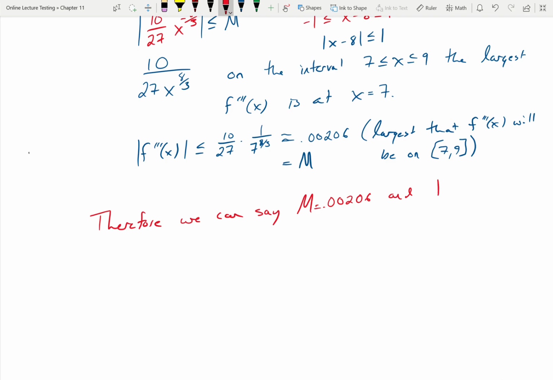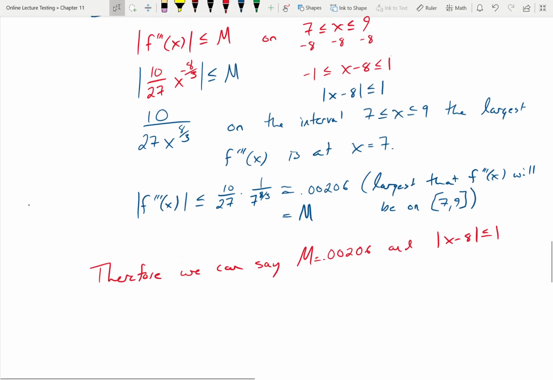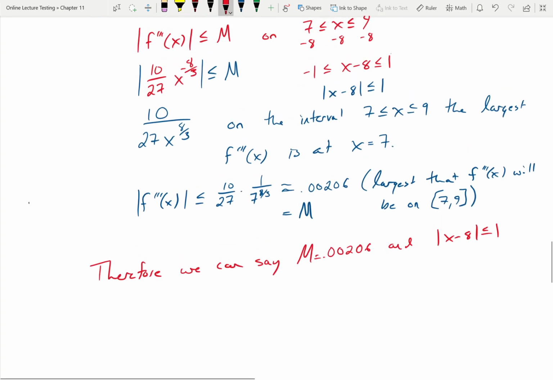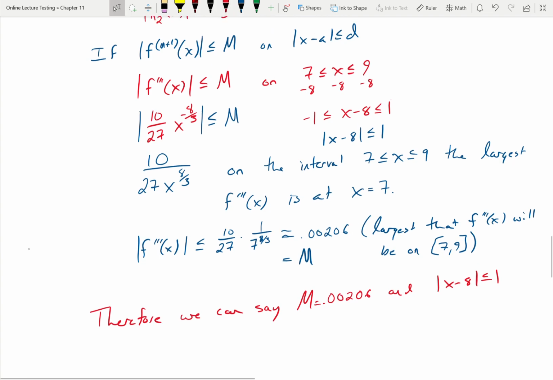and the absolute value of x minus 8, we just found out, is less than or equal to 1. Again, coming from our interval, we're trying to match this x minus a is less than or equal to d, the distance from the center. So on this interval, if I subtract by 8 all the way through the inequality, then I get the absolute value of x minus 8 is less than or equal to 1.